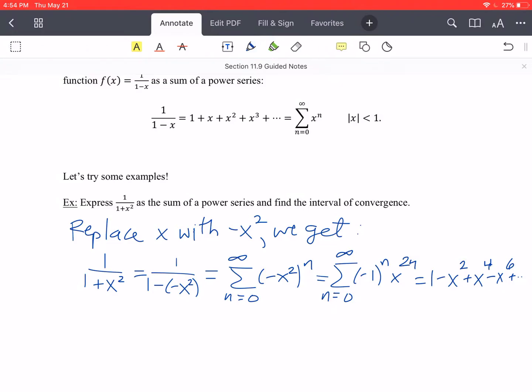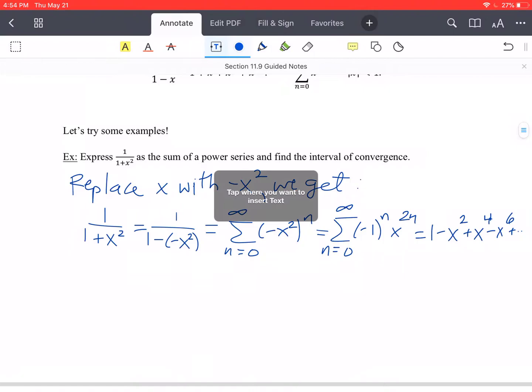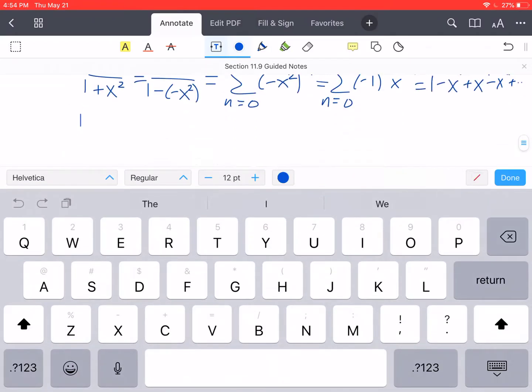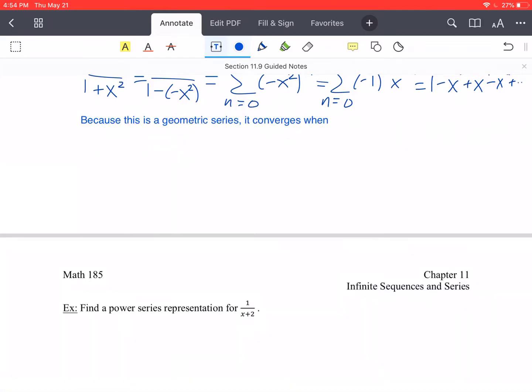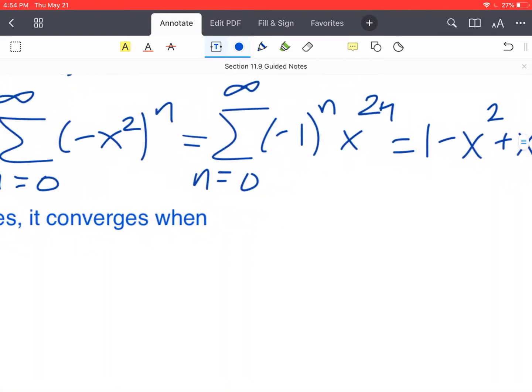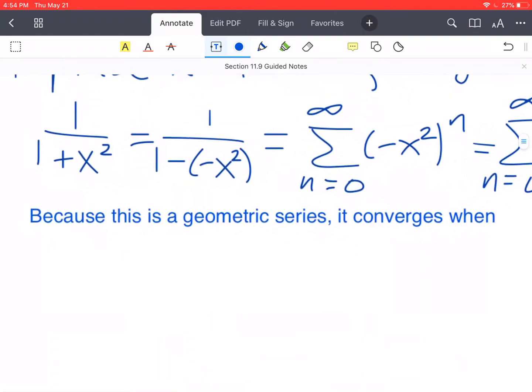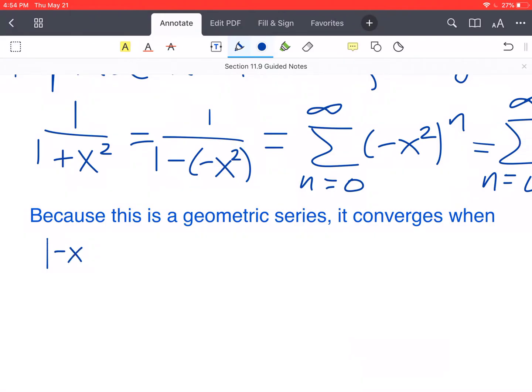And then, because this is a geometric series, it converges when the absolute value of that r term is less than 1.